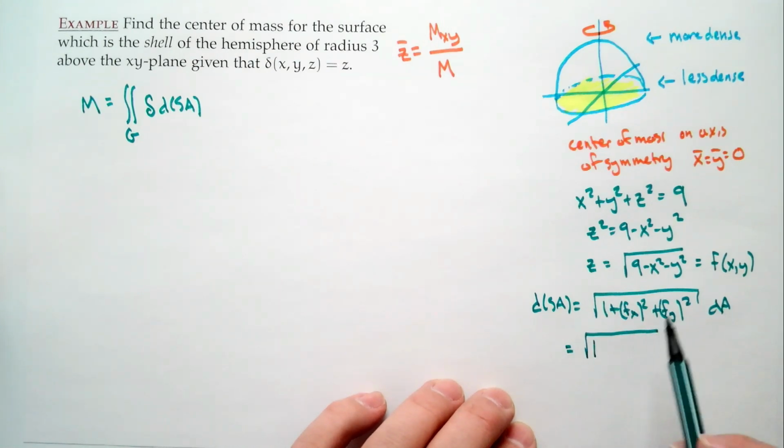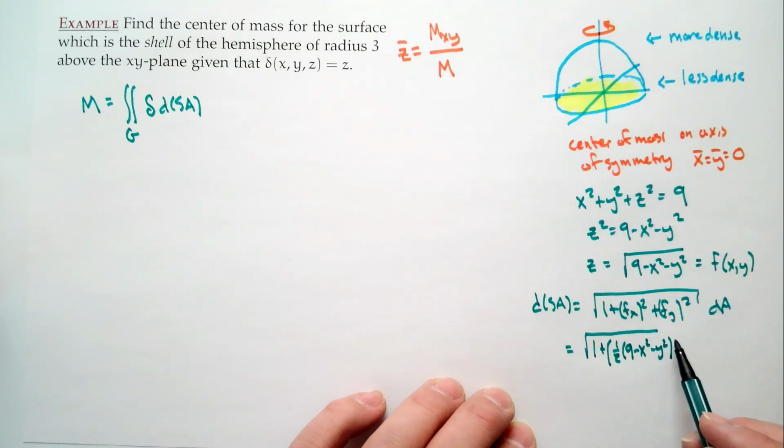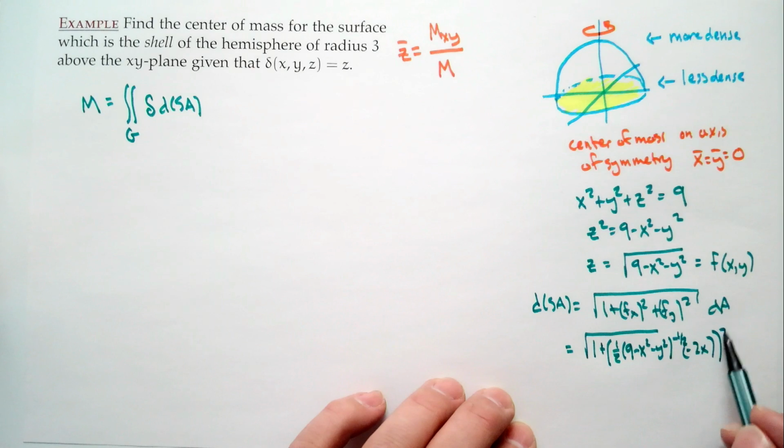Well, f sub x. Now, really, if we were thinking about this, we were thinking about this as 9 minus x squared minus y squared to the 1/2 power. So it would be 1/2 comes down, 9 minus x squared minus y squared to the minus 1/2 times the root of the inside, which is minus 2x. And that's going to be squared.